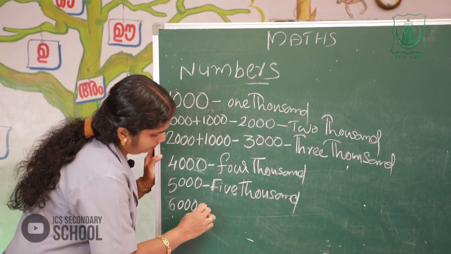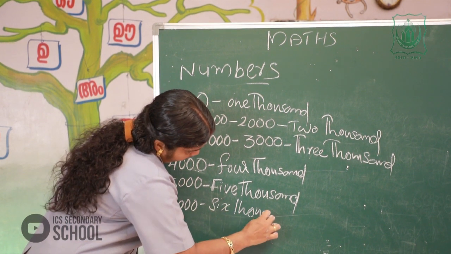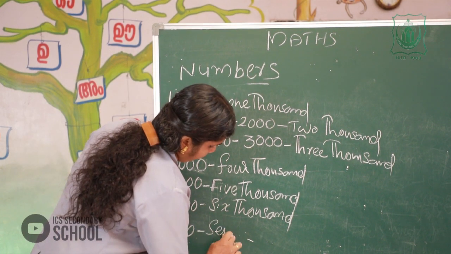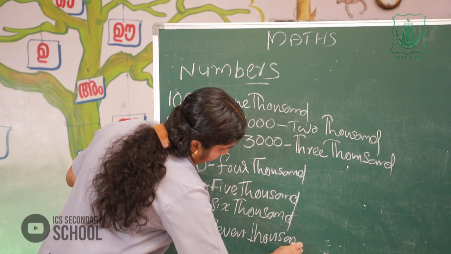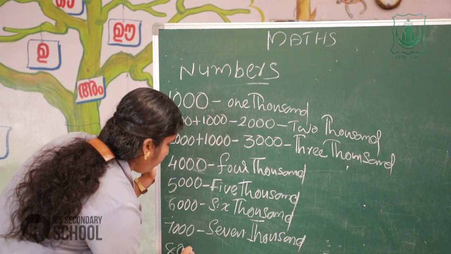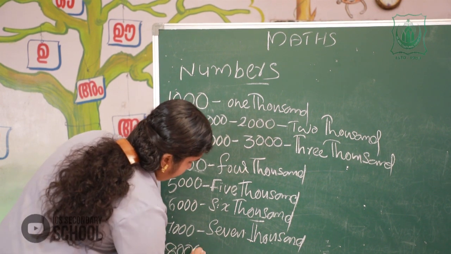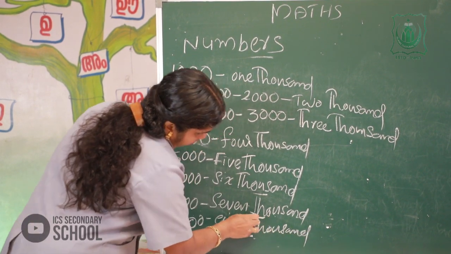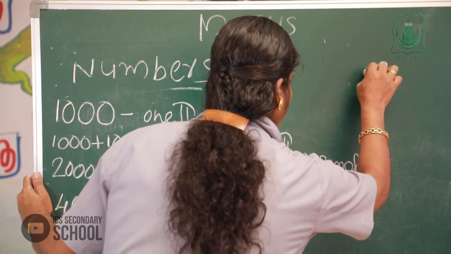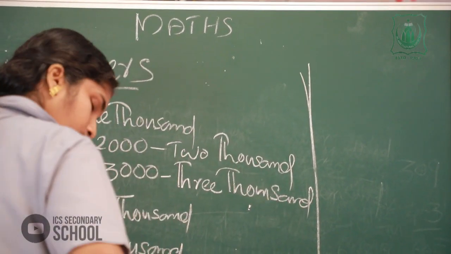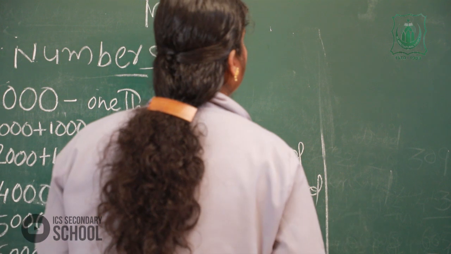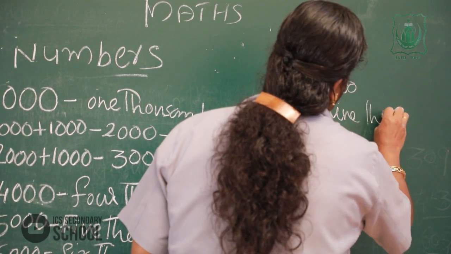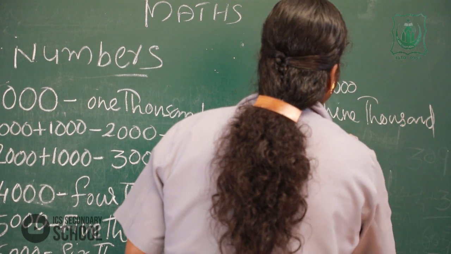Next 6,000, 7,000, 8,000, 9,000, 10,000.